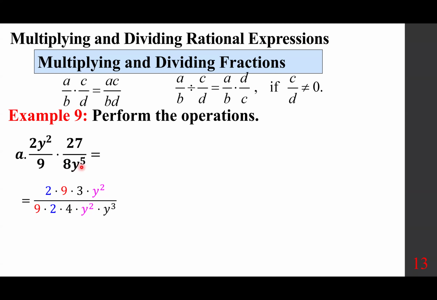And y to the power of 5, you can write y squared times y cubed. And so things start canceling each other. The 2's cancel out, the 9's cancel out. The y squareds are identical, they cancel out. And you're left with 3 over 4y cubed.